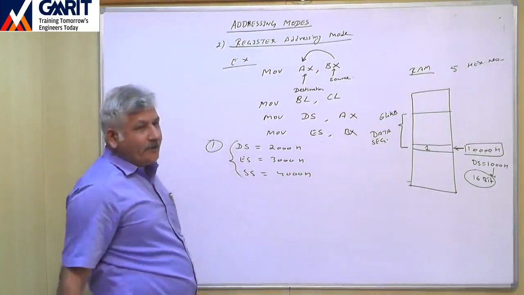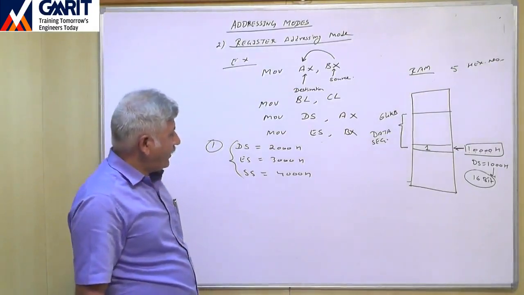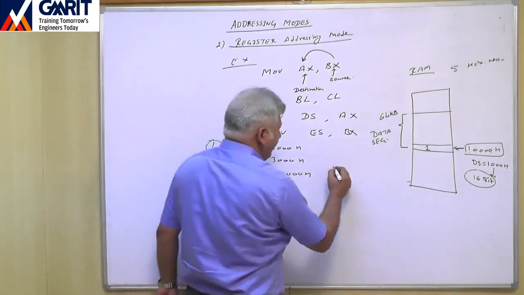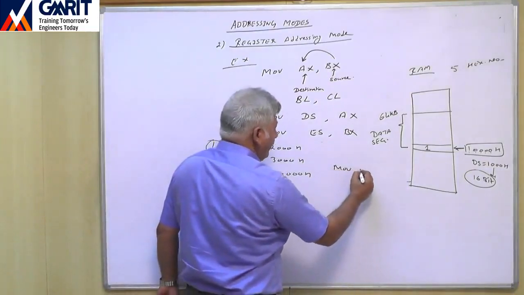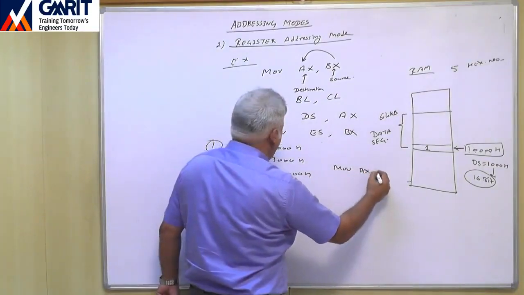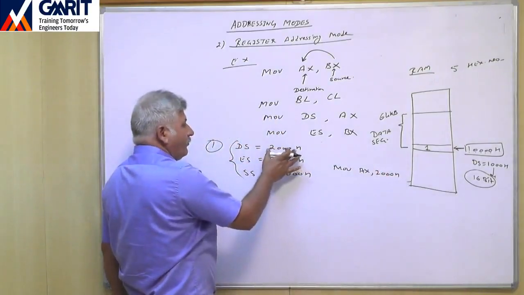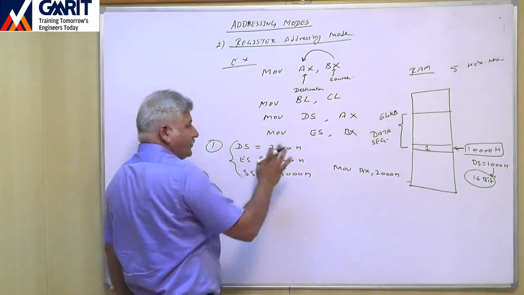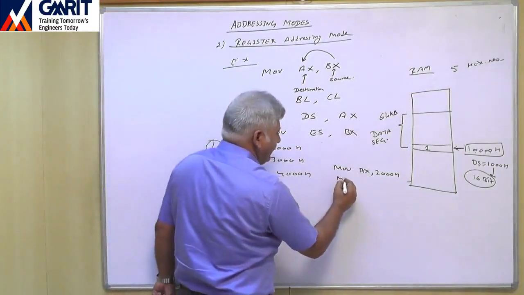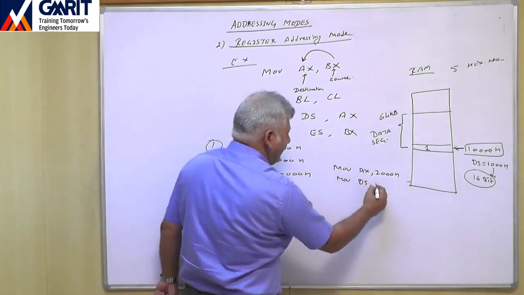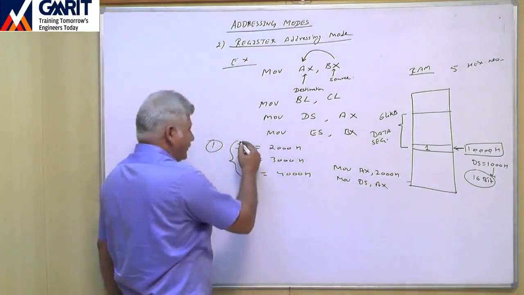Right? These are the 3 things required. So to perform these operations, what we will do? MOV AX, 2000H. Whatever value we want to load in DS register, first we will load in AX. Then we will move the value of AX in DS, MOV DS, AX. Right? So this is done.